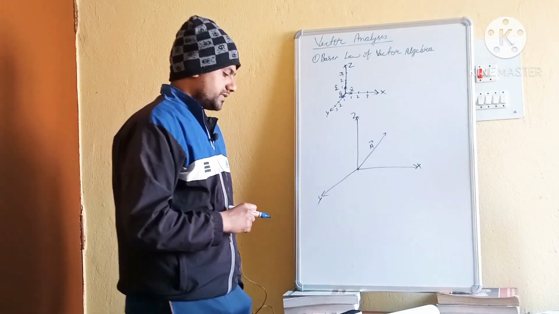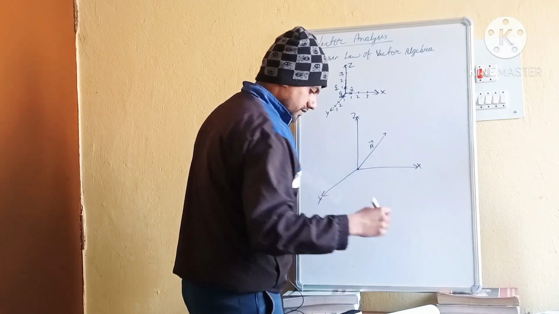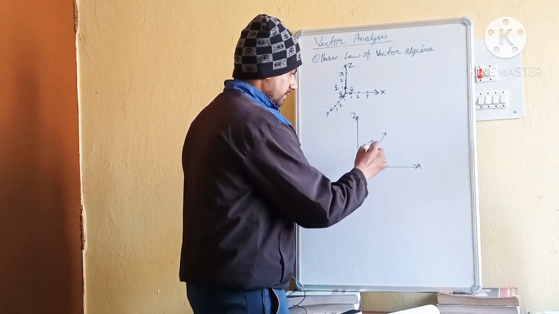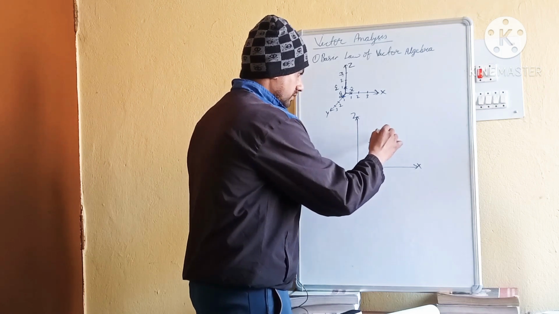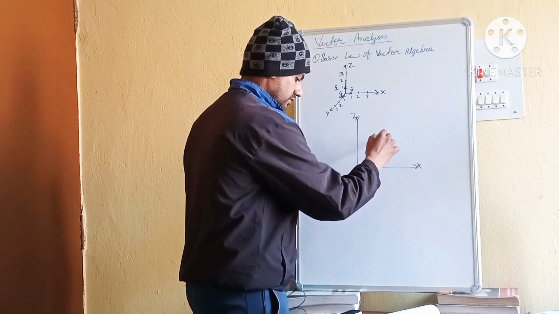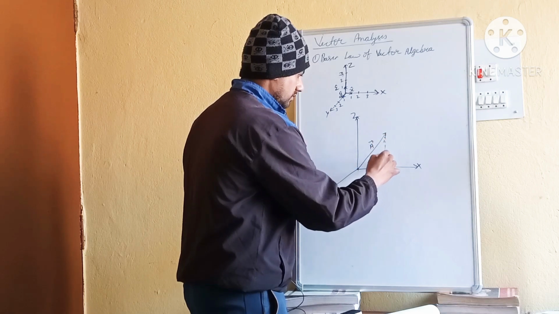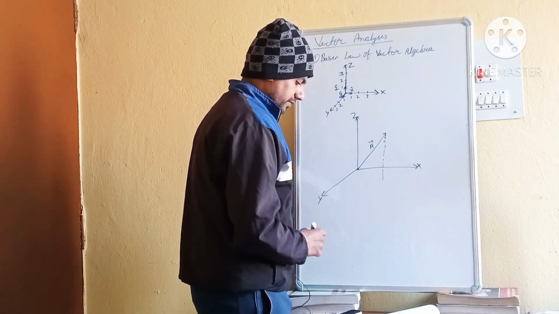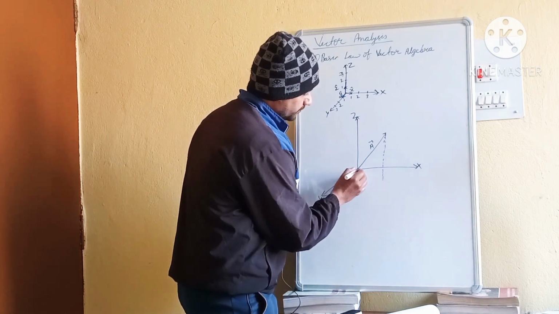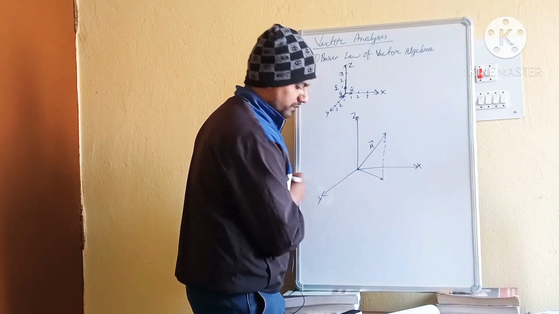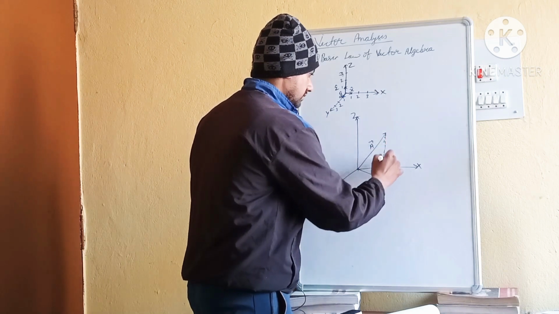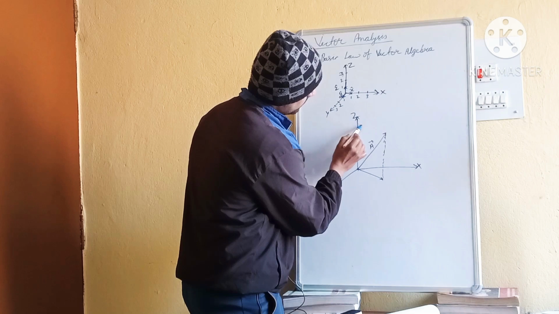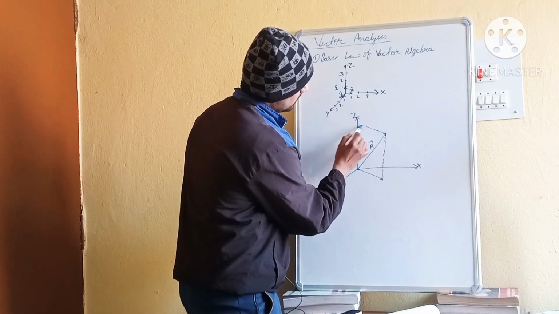So the components, first of all, you draw a perpendicular. Okay, so now here it is coming, then after that you have to join, and here, like this.